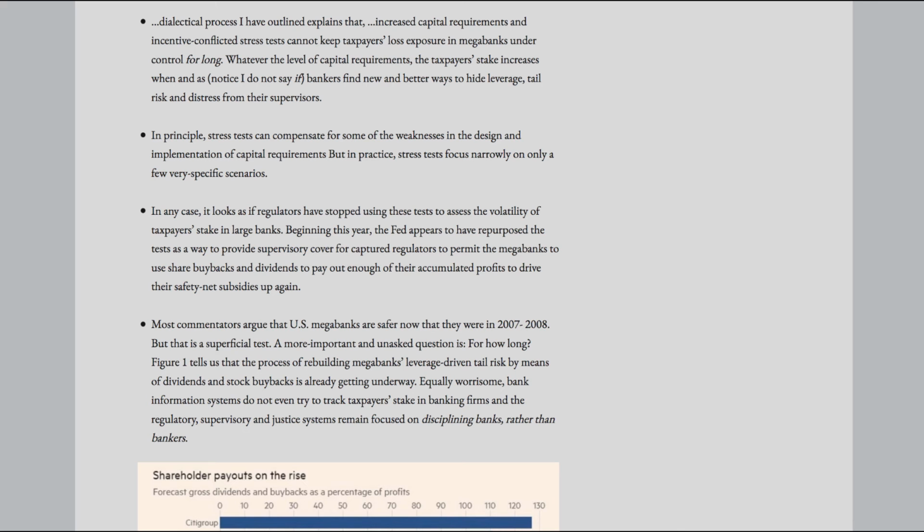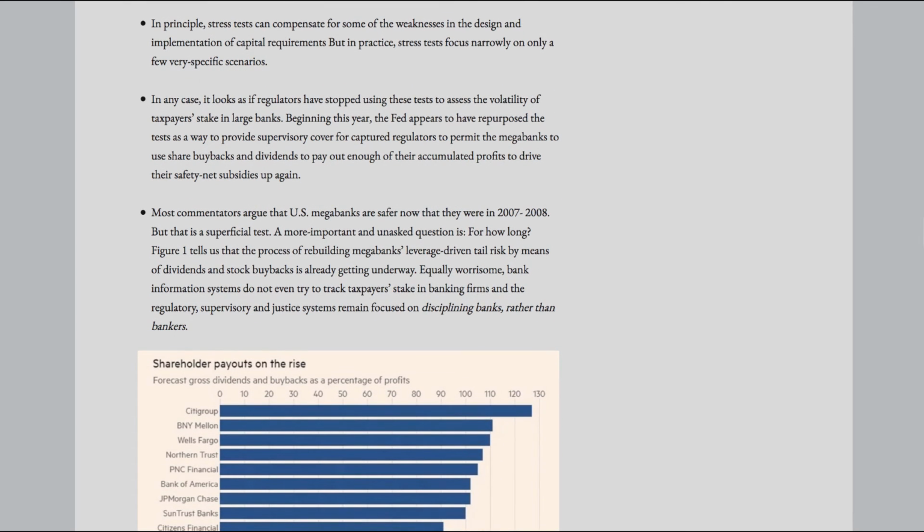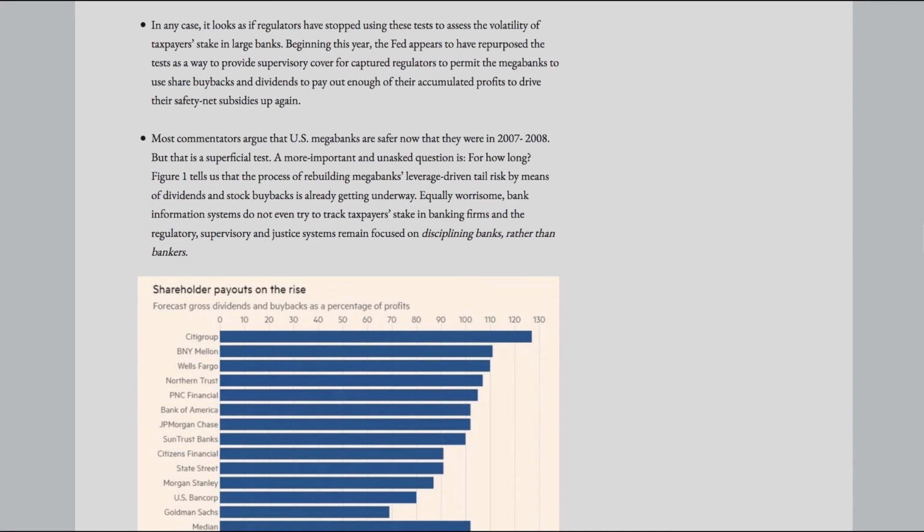In principle, stress tests can compensate for some of the weakness in the design and implementation of capital requirements. But in practice, stress tests focus narrowly on only a few very specific scenarios. In any case, it looks as if regulators have stopped using these tests to assess the volatility of taxpayers' stake in large banks.